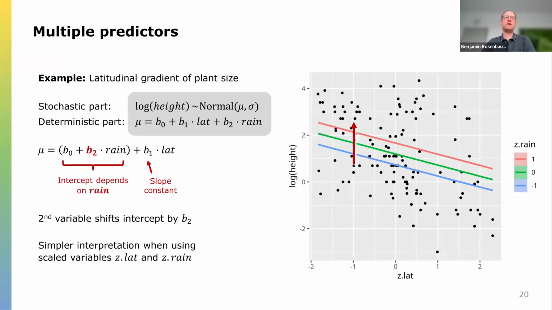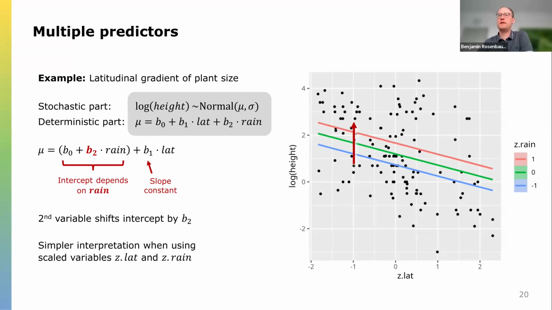So you can write out the equation by just rearranging the terms. And then the new intercept for this plot here is B0 plus B2 times rain. So for each value of rain, this regression line in latitude will have a different intercept, and a positive effect of rain here just means that the intercept increases with rainfall.